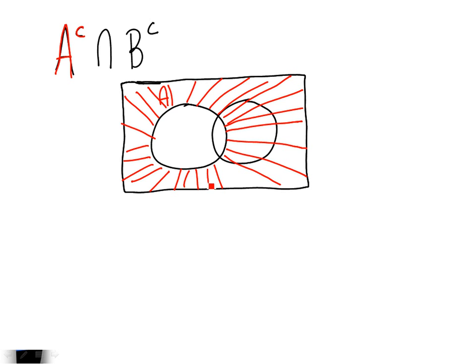Everything outside of A, and you can shade if you don't like the sun rays, okay? And what I'm going to do is in green, I'm going to represent what B complement is. B complement is everything outside of B. So this is B. I'm doing everything outside of the B circle.